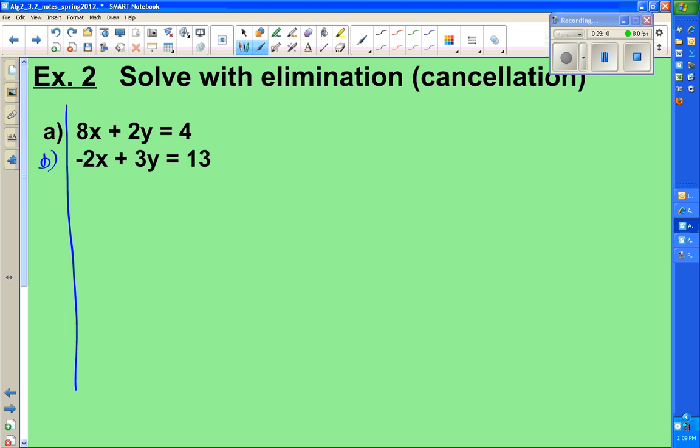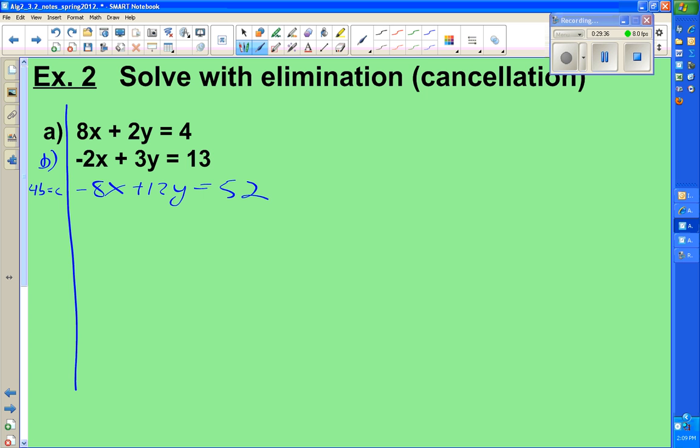Now, I can tell you from experience, if you try to add equation A and C right now, sometimes you're going to do a great job, negative 8x plus 8x is 0, and sometimes you're going to do 12y plus 3y is 15y by mistake.